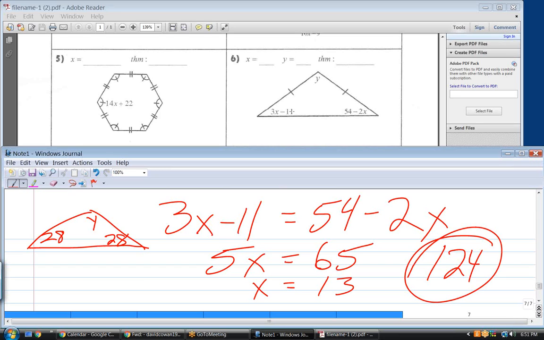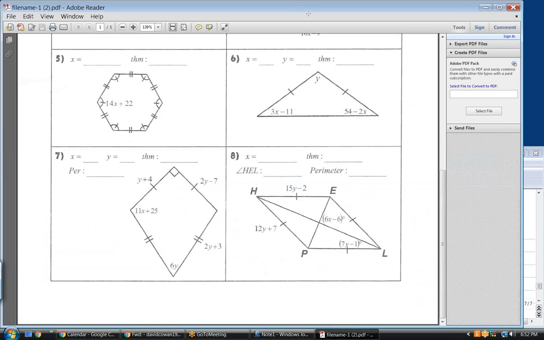Therefore, 3x minus 11 is equal to 54 minus 2x, and then solve it. After you solve for these two angles, you have to resort to the theorem that the sum of the three angles is 180. So y has to be 180 minus the sum of these two. Okay, that makes sense.